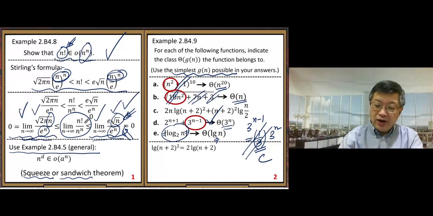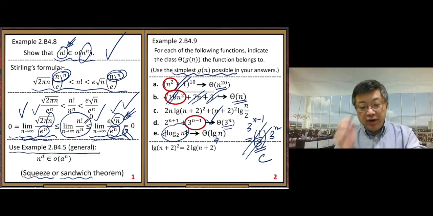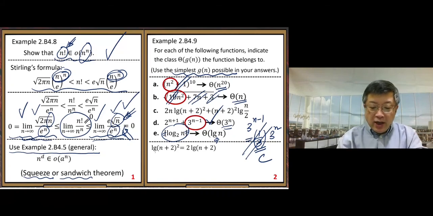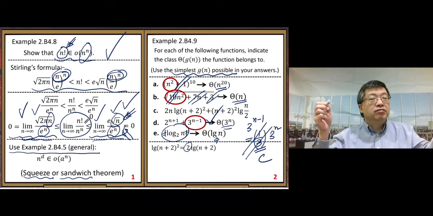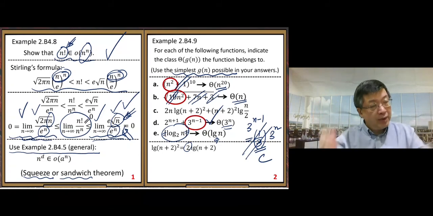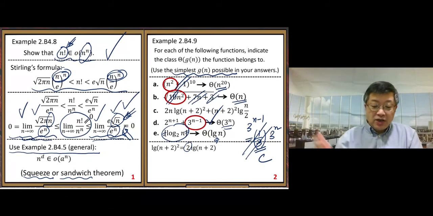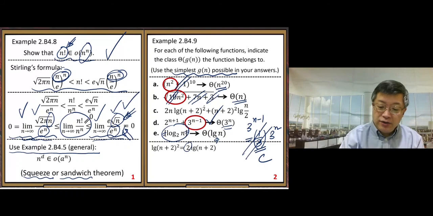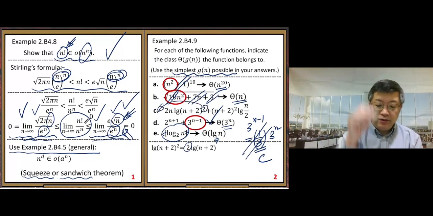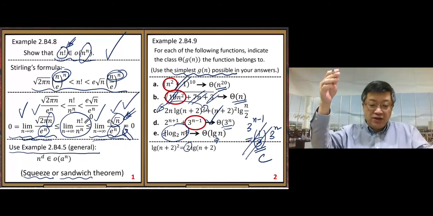So let's take a look at the dominant part. Log of n plus 2 squared: by a property of log, that square we can move to the front as a multiplication. So that 2 is just moved to the front as a constant.